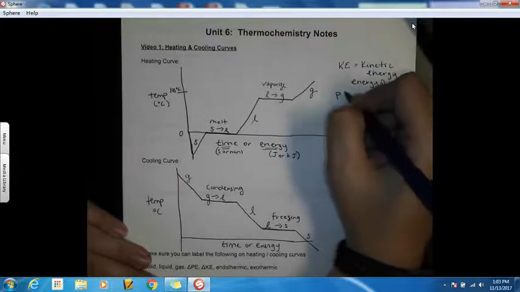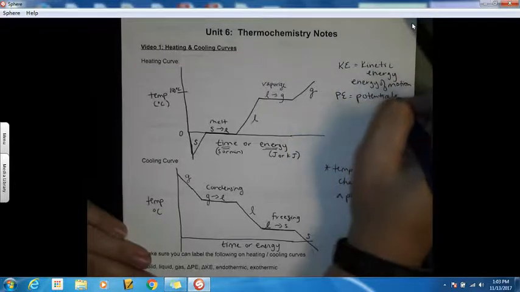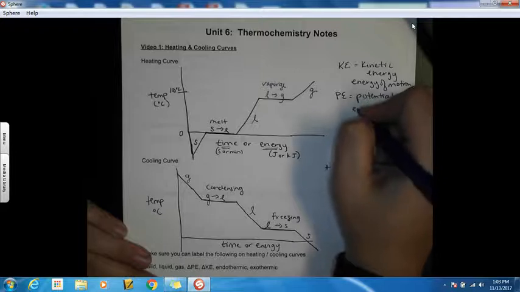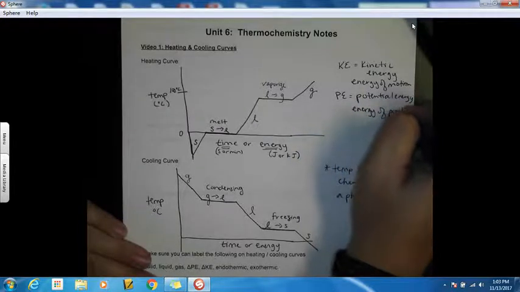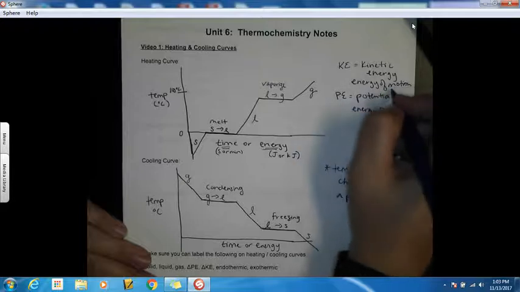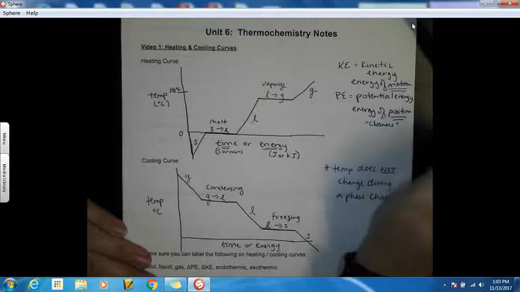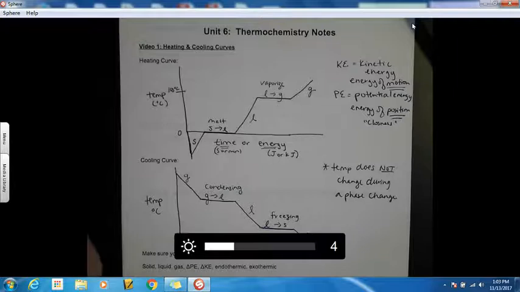And then potential energy, which is really energy of position, or how close the molecules are to each other. So one is of motion and one is of position or closeness of the molecules.